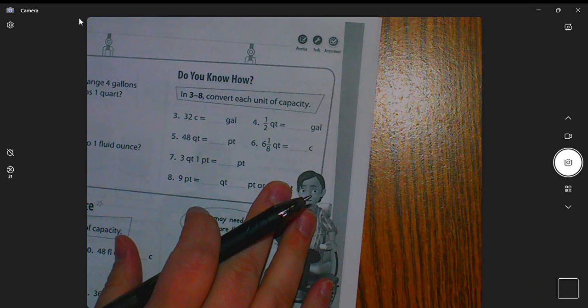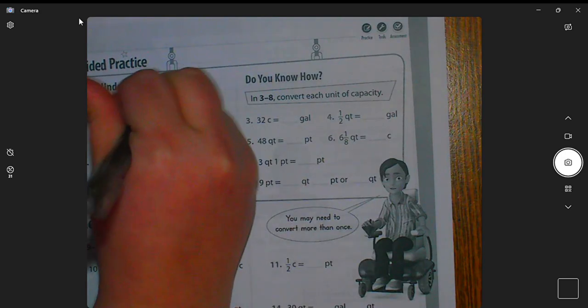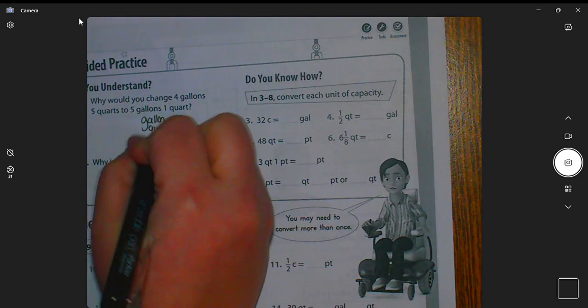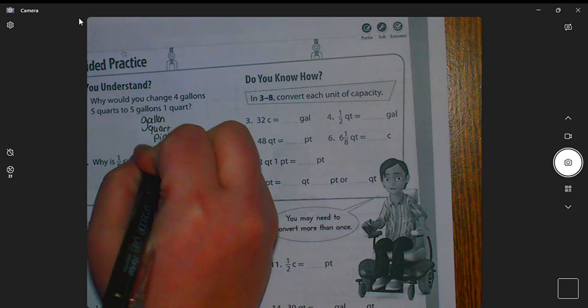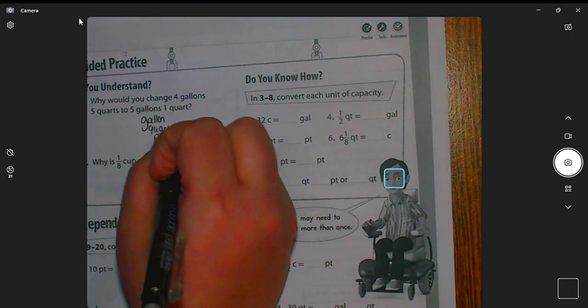We're going to talk about customary units of capacity. Things to remember are gallon, quart, pint, and cup. A cup equals 8 fluid ounces.